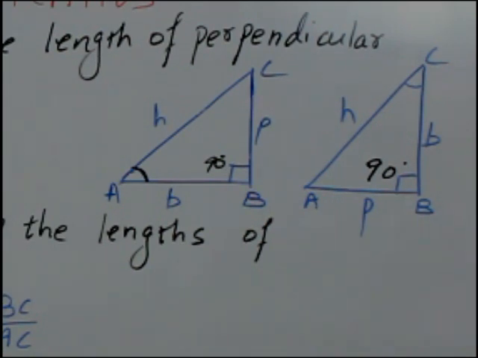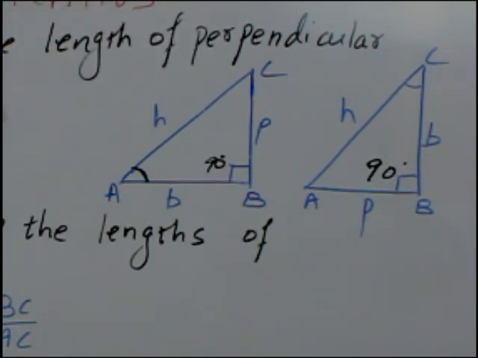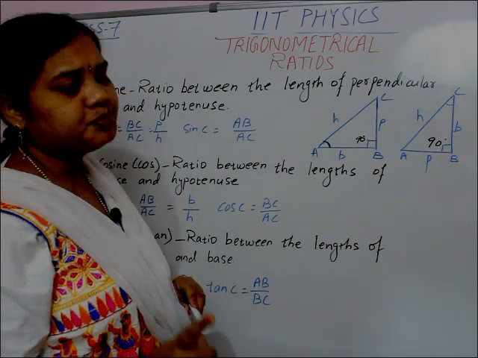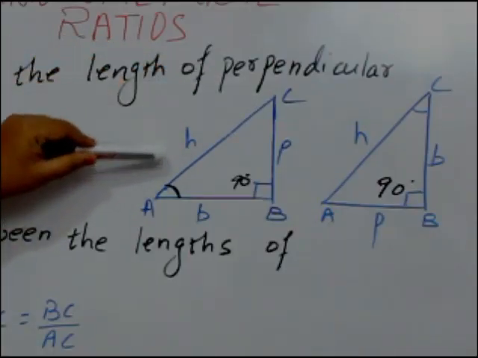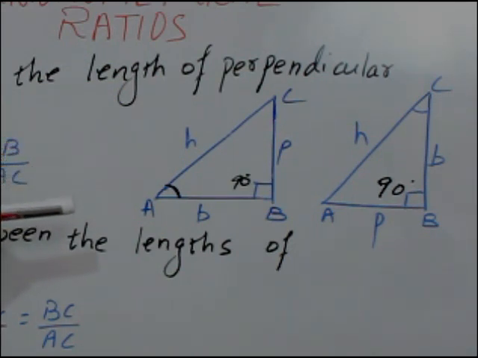As I said, which angle are you considering as the angle of reference? Out of these two acute angles, one angle you have to consider as the angle of reference. On that only it depends the value of sine, cos, tan and other trigonometrical ratios.